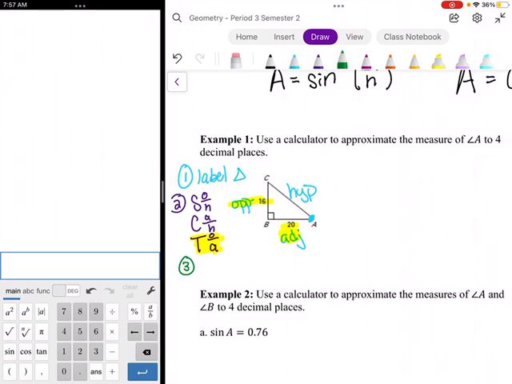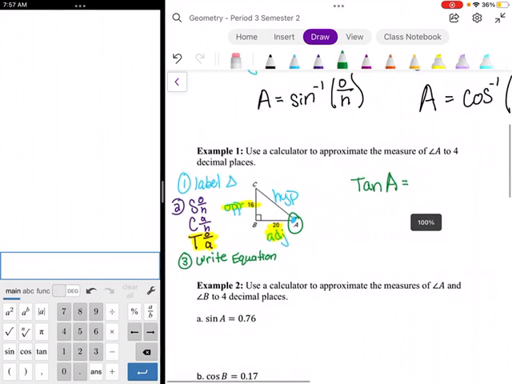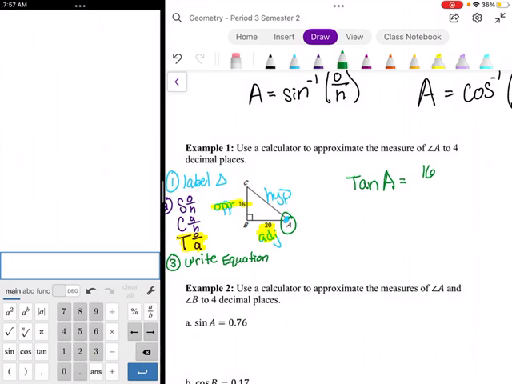Step 3, you're going to write the equation. So for this one, we said we were going to use tangent of angle A because we don't know what that angle equals yet. And that's going to be equal to 16 over 20. And our next step is to solve for our variable again.